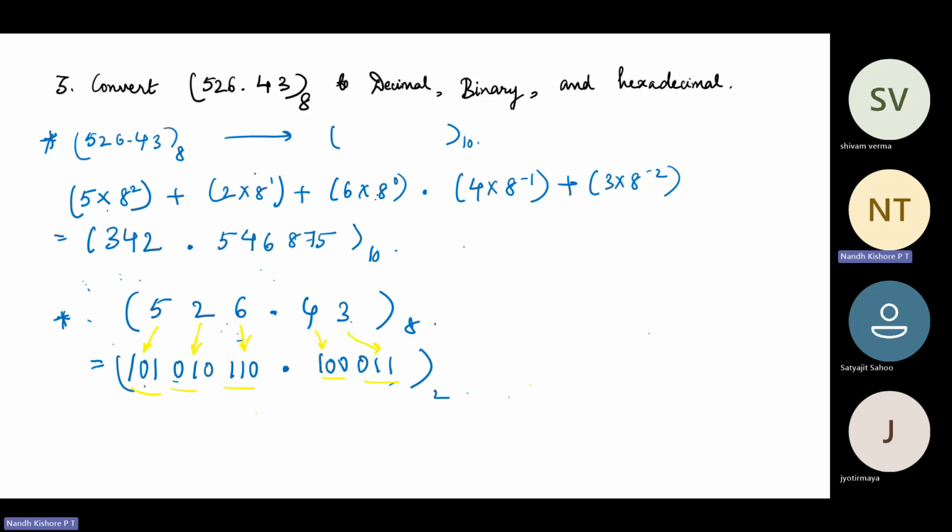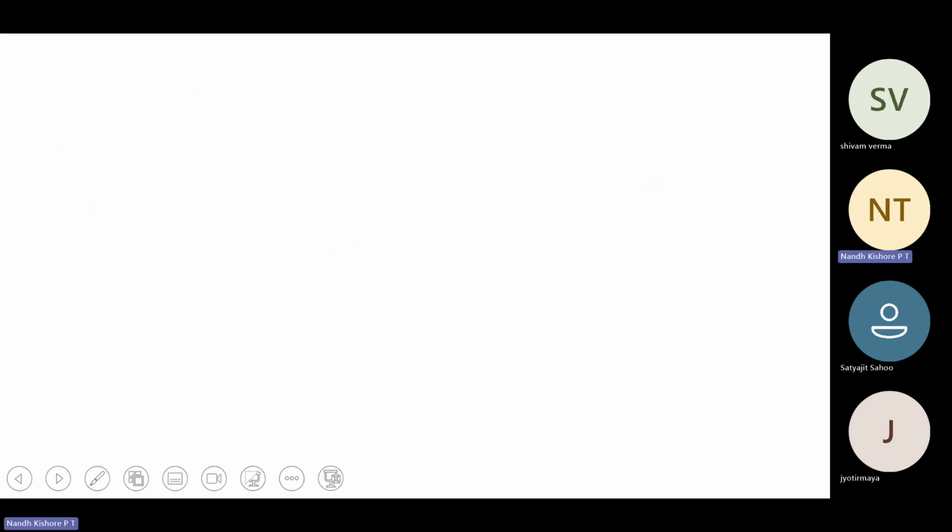Finally, we have to convert to hexadecimal. To convert from octal to hexadecimal, it is better to use the binary number. So let's use the binary number for now.